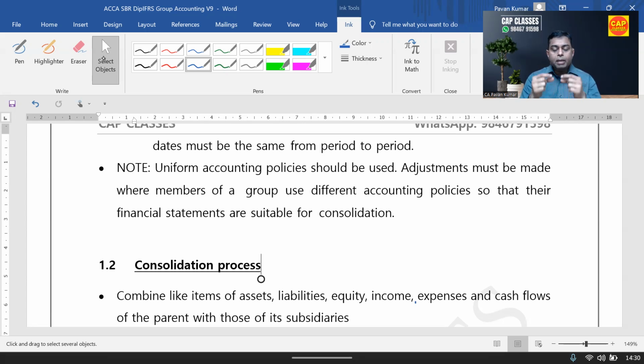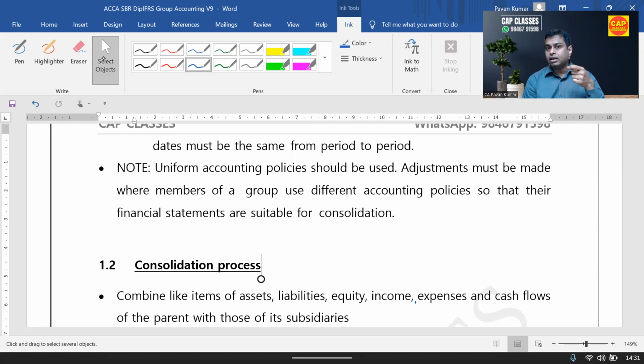Parent company will publish a manual called Group Accounting Policies. There will be an accounting manual. You might have 100 subsidiary companies in 40, 50, 100 countries.